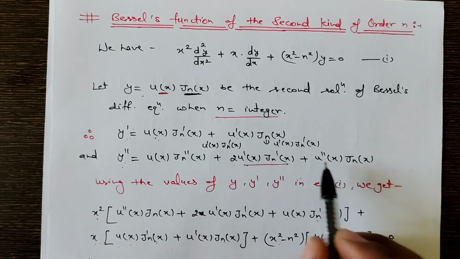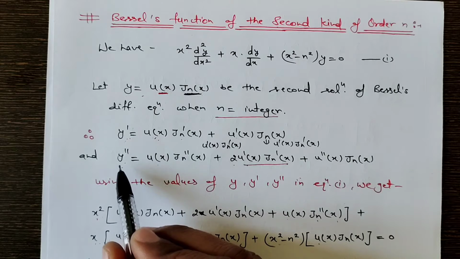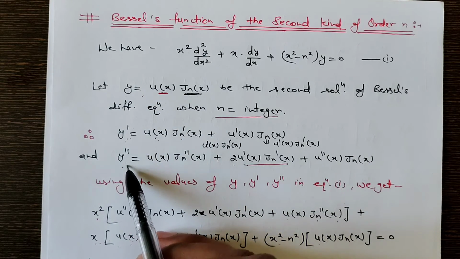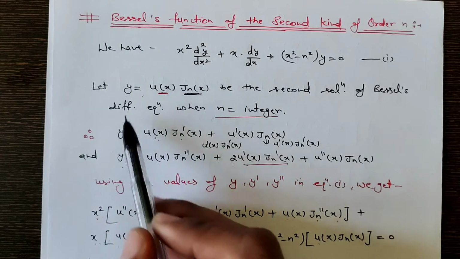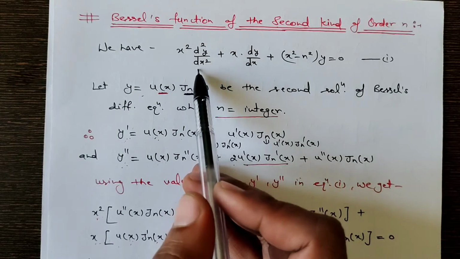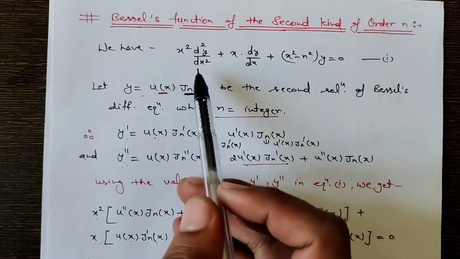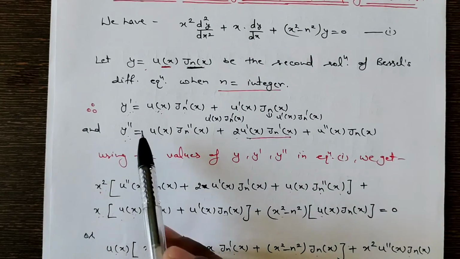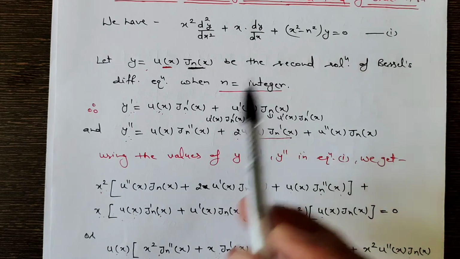Clear? That will be the expression for y''. Now we have the values of y, y' and y''. In the next step we use these values in our equation, the well-known Bessel differential equation. Just put the values of y' and y'' in this equation.